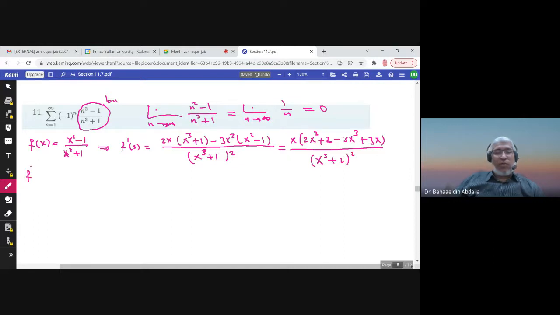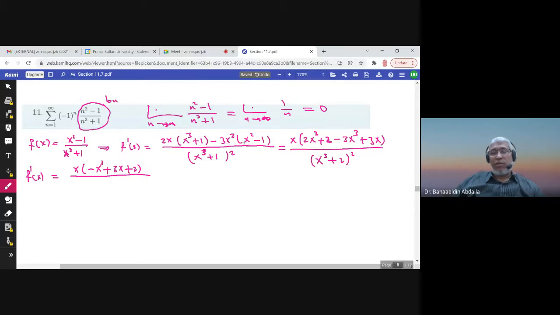So f prime is equal to, now 2x cubed minus 3x cubed is negative x cubed, and I have negative x cubed plus 3x plus 2. I took x as a common factor.